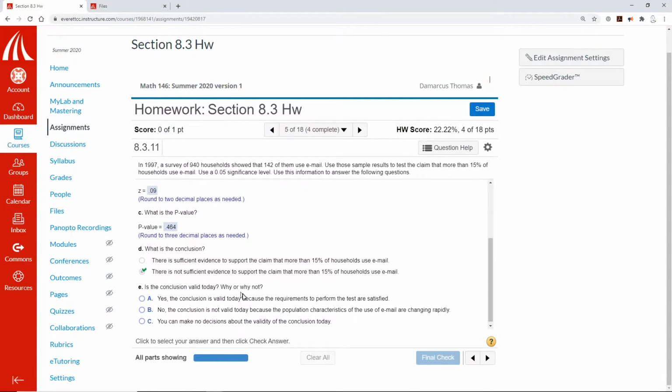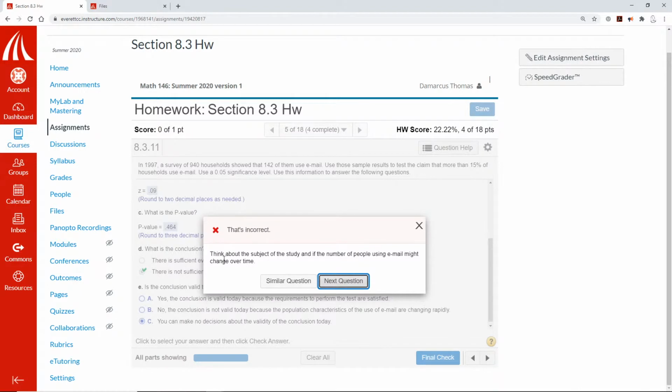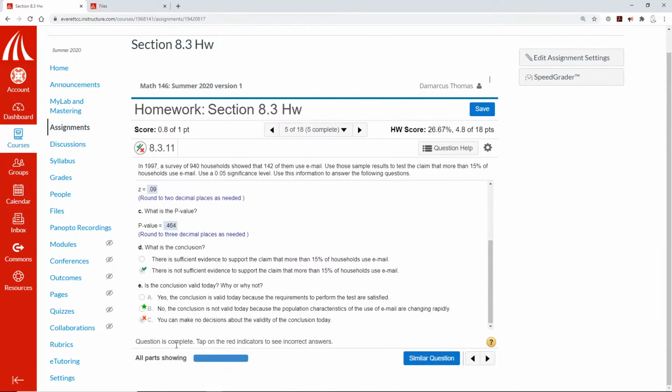Is the conclusion valid today? Why or why not? You just can't make decisions about the validity. But I will say this: as the future has changed, we probably could say... What they're saying, and I don't necessarily agree with this, is that the conclusion is not valid today because the population characteristics of the use of email are changing rapidly.